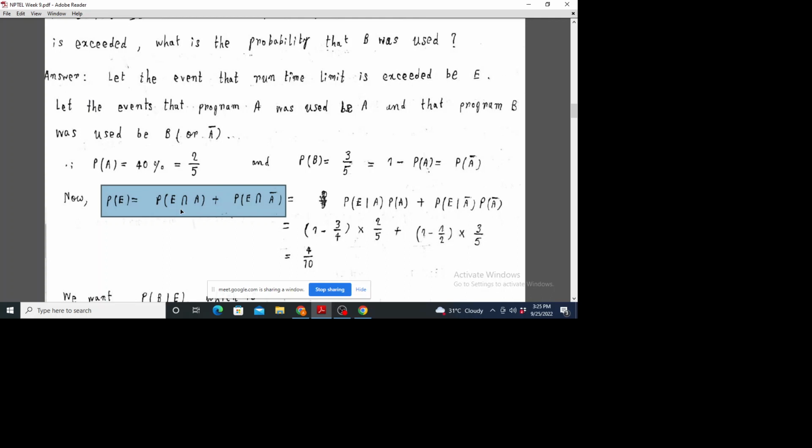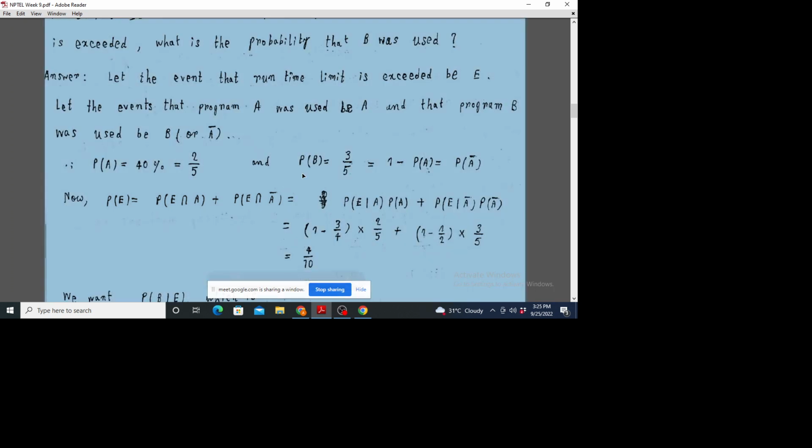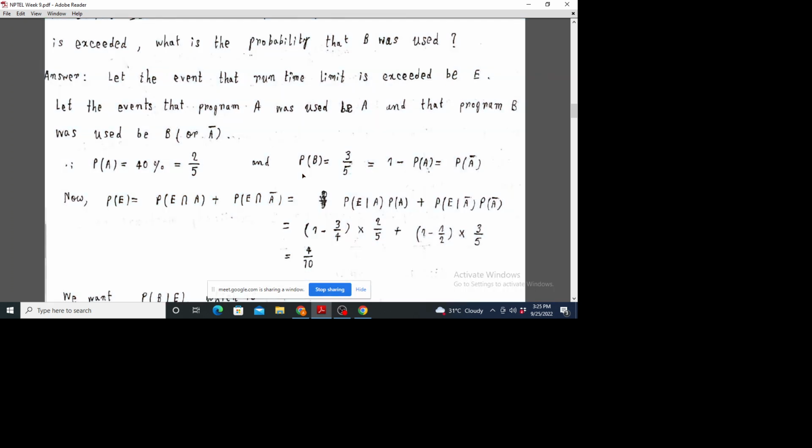These are the two scenarios, and you have to add them because they are mutually exclusive. And now this is the probability of the event E intersection A. So E intersection A means that both E and A have occurred, right?